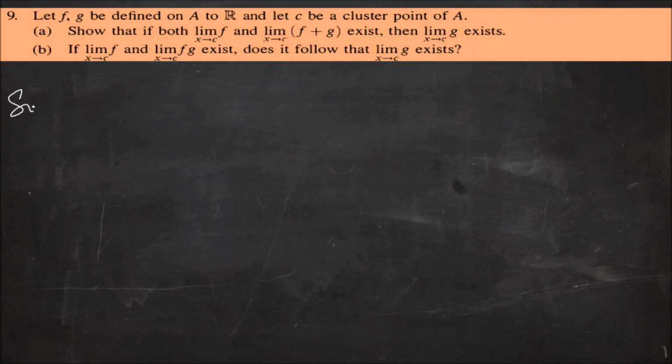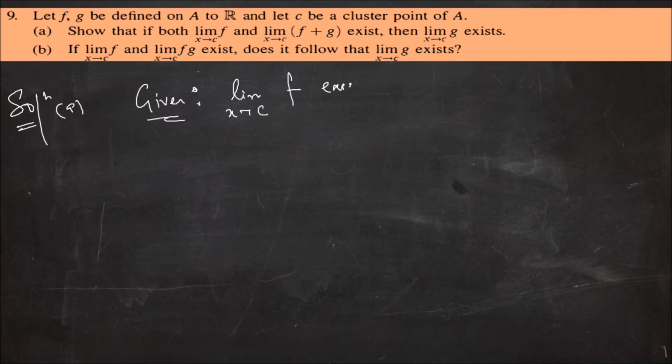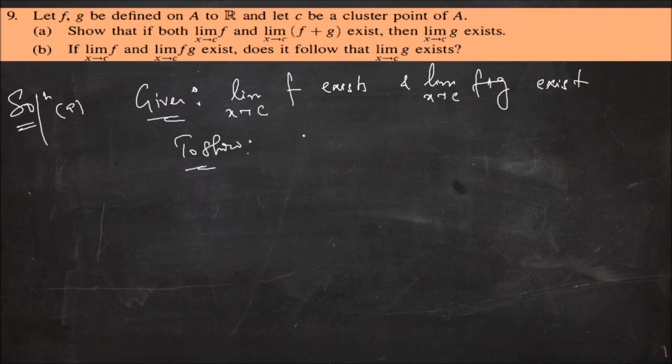So solution, part A. Given is that the limit as x tends to c of f exists, and the limit as x tends to c of f plus g exists. To show: the limit as x tends to c of g exists.